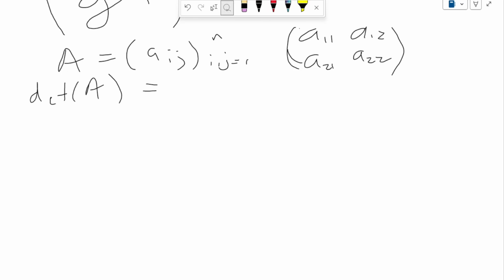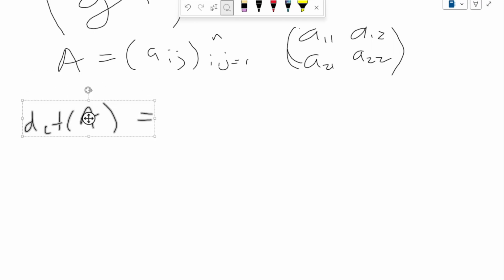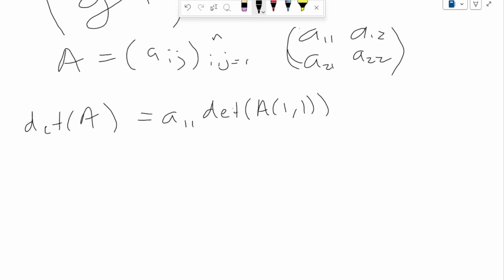So in this formula, the determinant of A is going to be a_{11} times the determinant of A_{1,1} plus a_{12} times the determinant of A_{1,2}.